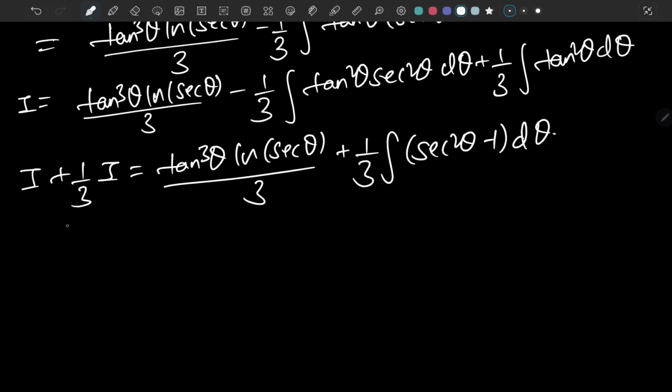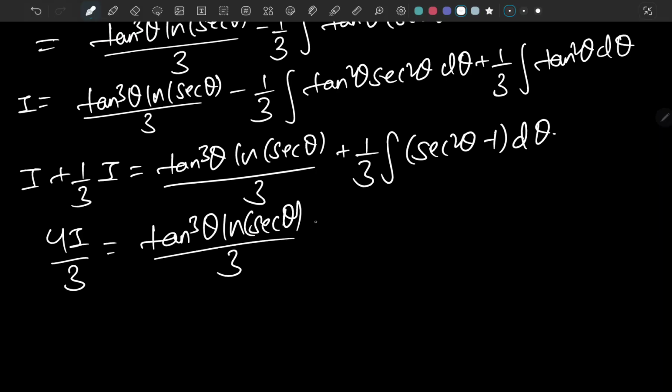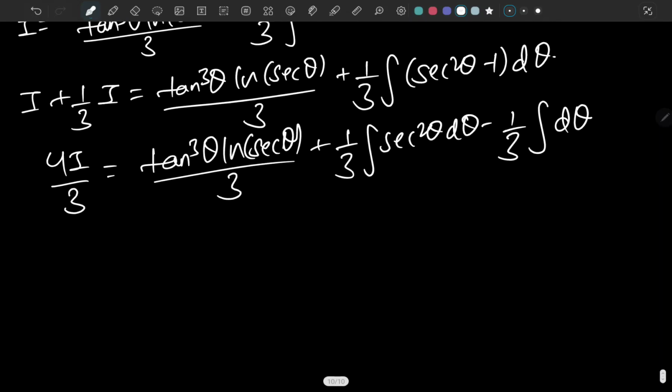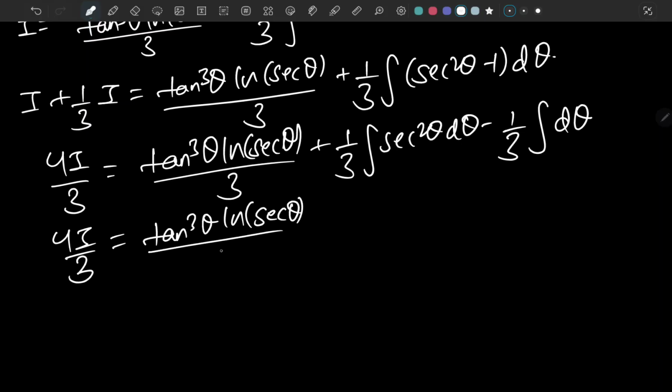So this becomes 4I over 3 equals tangent cube theta ln secant theta over 3 plus 1 over 3 integral secant square theta d theta minus 1 over 3 integral of d theta. So 4I over 3 becomes tangent cube theta ln secant theta over 3 plus the integral of secant square theta, which is just tangent theta over 3, and minus 1 over 3 times theta.